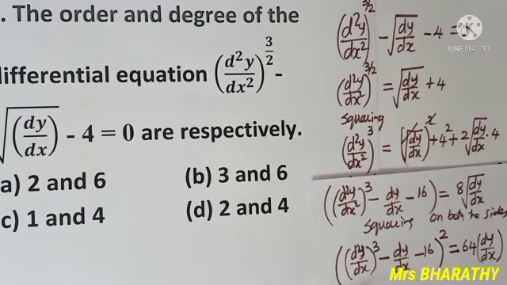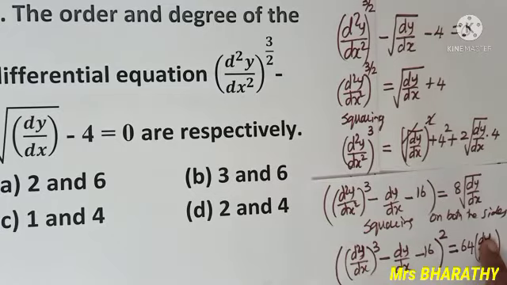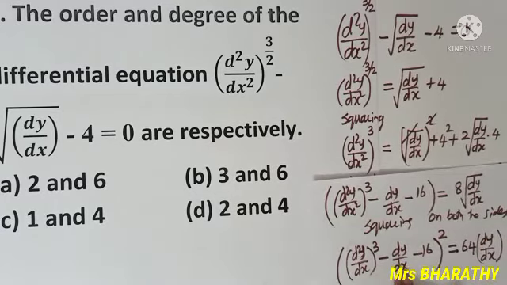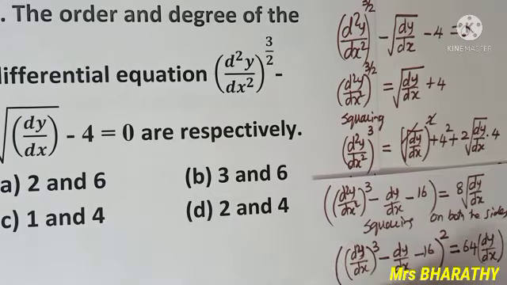Now it is a plain equation. There is no radical symbol for the derivatives. So I can choose the highest order. Order 1, here the whole square is there, but here it is order 1, order 2. So I have to choose this term.